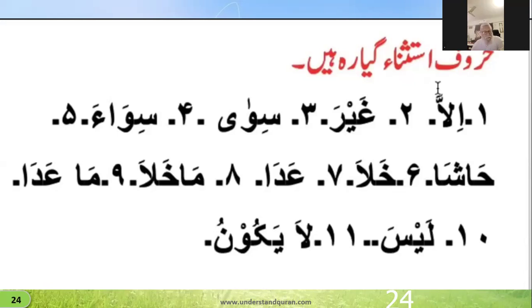When there is a harf istisna followed by any tabe, then we will not call it tabe. It will come as a mustasna. But when there is no harf istisna, and there are two similar nouns, two ism coming and having the same i'rab, we will say they are tabe. The second one is following the first one.